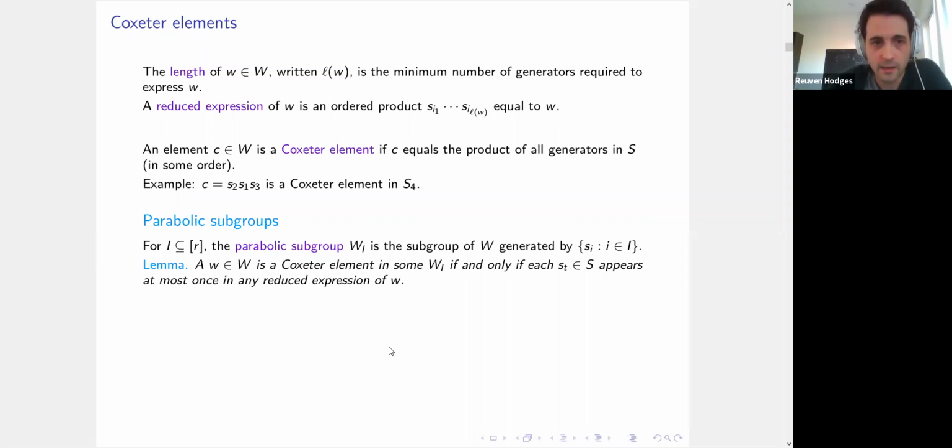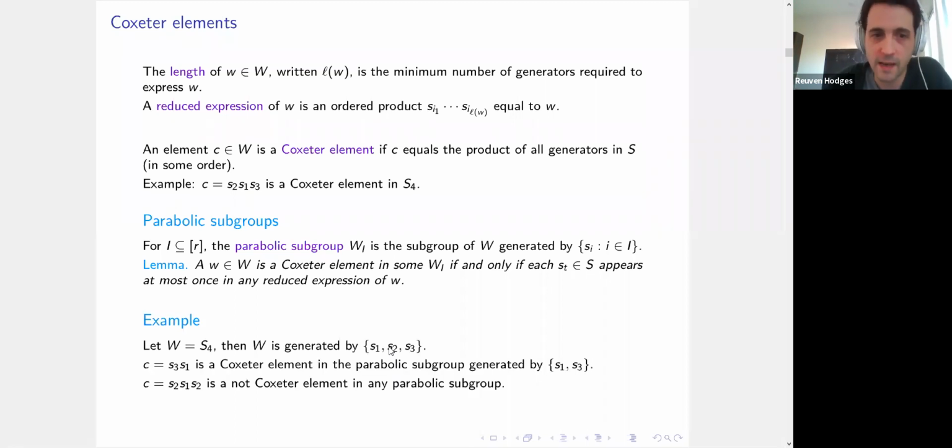And so a lemma that's sort of trivial and immediate by the definition, but is actually important throughout this talk is the following. An element is a Coxeter element in some parabolic subgroup if and only if each simple reflection appears at most once in any reduced expression.